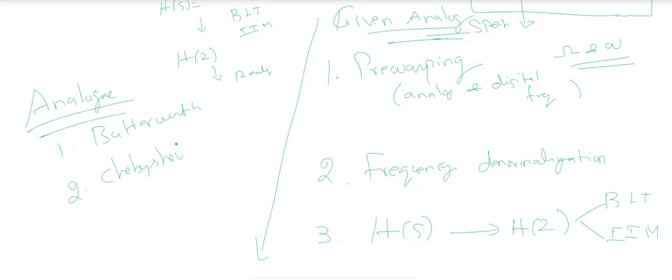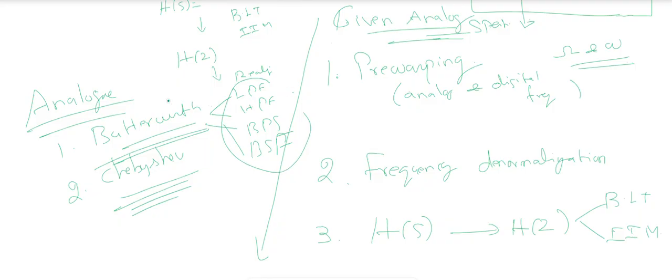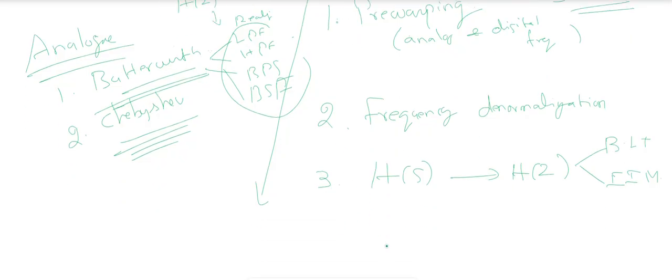In this session we discuss only Butterworth; in the next session we discuss Chebyshev. Depending on the frequency response, the Butterworth filter may be low pass, high pass, band pass, or band stop. So to design the IIR filter from the given specification: pre-warping, then frequency denormalization, then convert H of s to H of z, then finally realization.